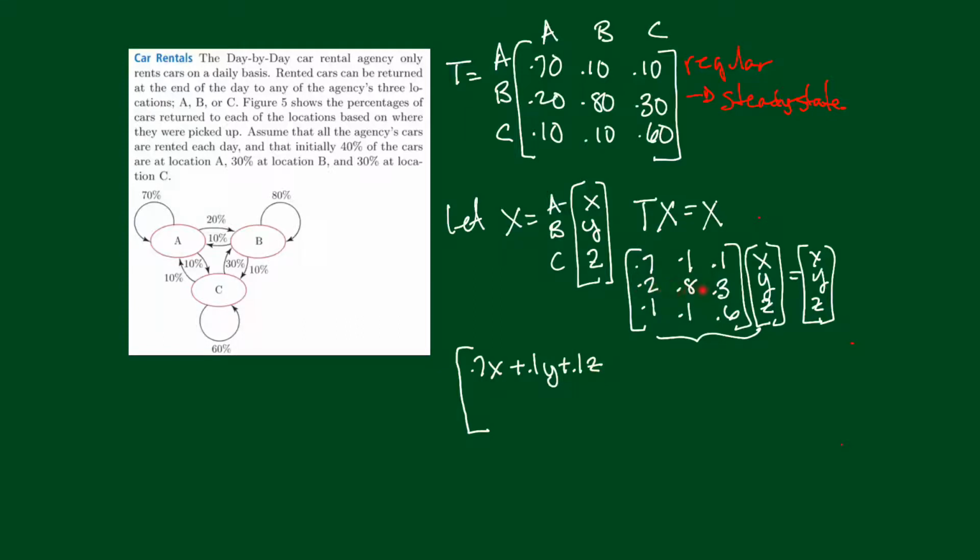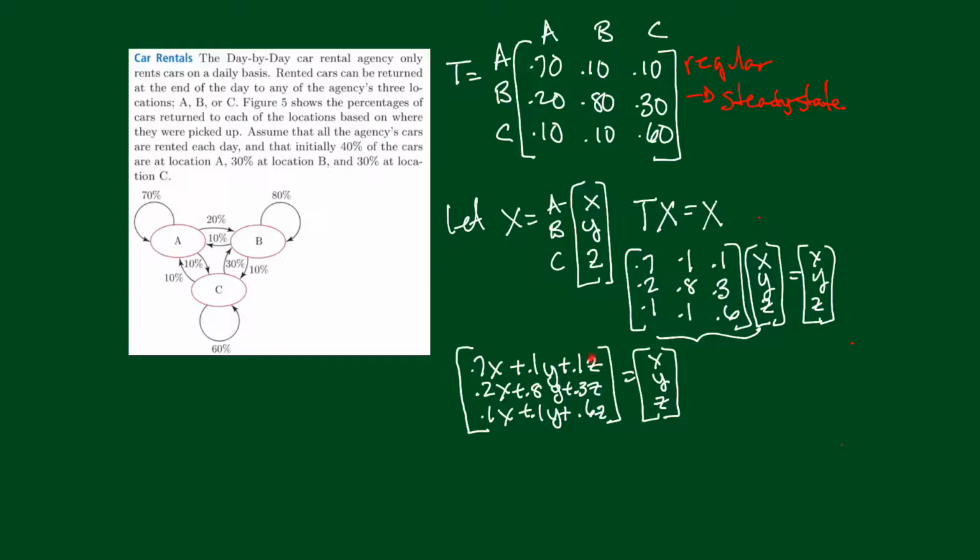Second row, over and down, so 0.2x plus 0.8y plus 0.3z, and the third row is 0.1x plus 0.1y plus 0.6z, all right, and that's going to equal the other matrix, that matrix on the other side of the equal sign, x, y, z.